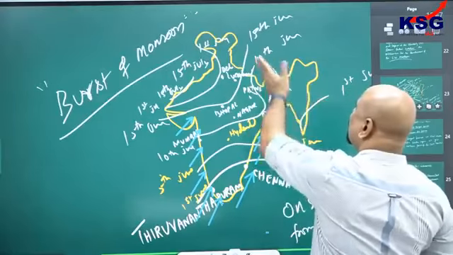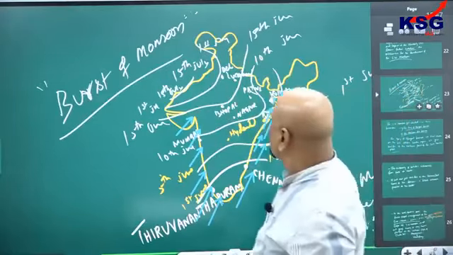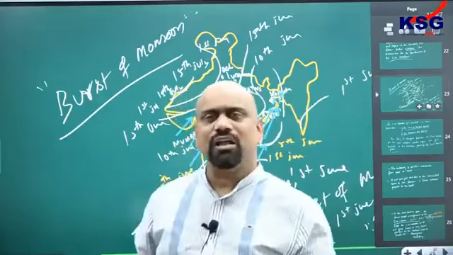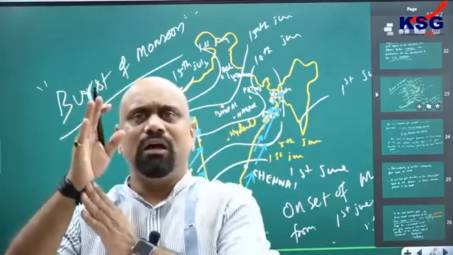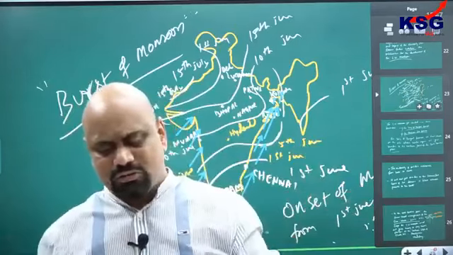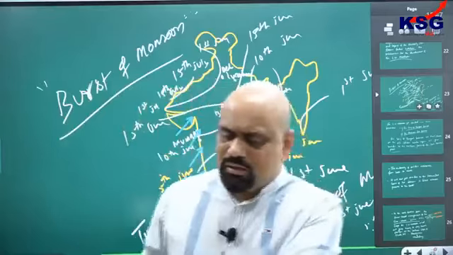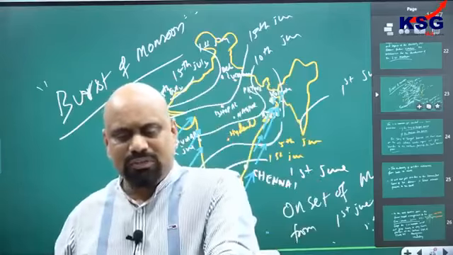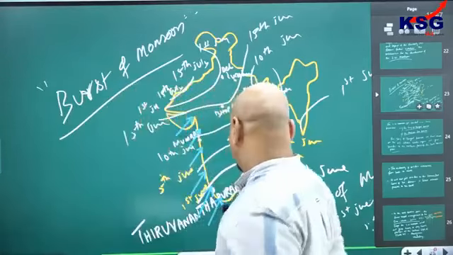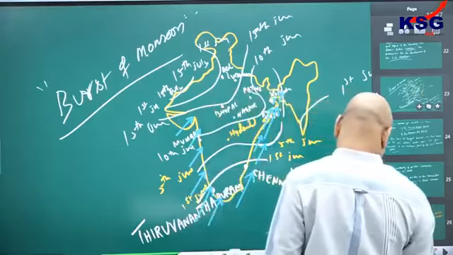Then you have the northeastern part also. Because of the Himalaya, because of the orientation of the Himalaya, it strikes over these regions and goes towards the north. So you can note down here, from West Bengal to Haryana, Punjab, Rajasthan, all these regions, it blows.